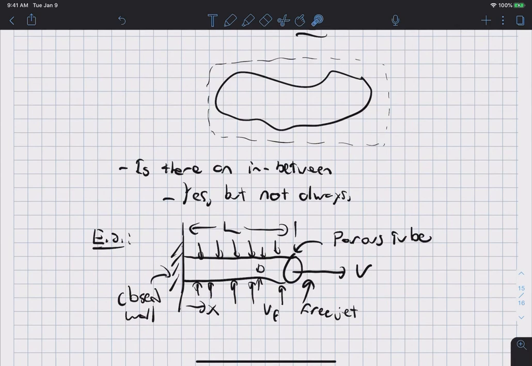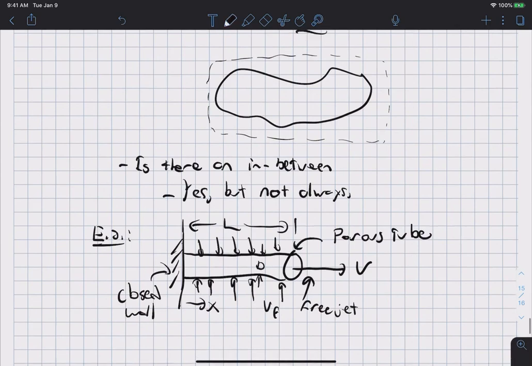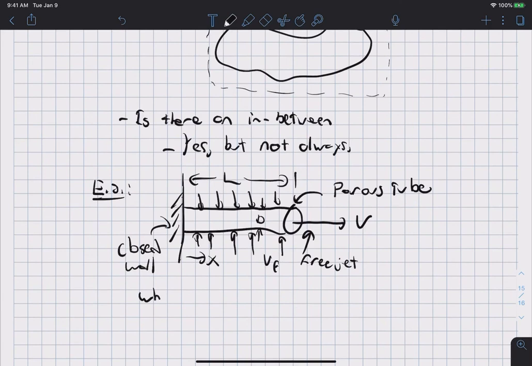To do that, as part of it, you need to know what is the mean velocity in the tube as a function of x, and you want to make sure that this pipe doesn't burst, so what is the pressure in the pipe as a function of x?